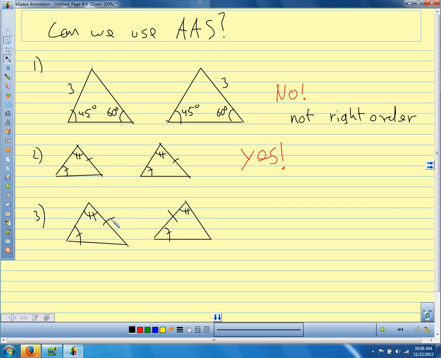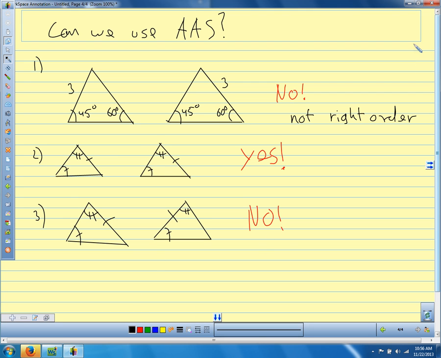The side with the congruent side is next to the angle with 2 tick marks on both triangles. So this one works out okay, right? A few people are saying no. Still not in the right order. So this one we have an angle, side, angle triangle, and here we have an angle, angle, side triangle. So even though this is next to the angle with 2 tick marks, it's still not in the right place. So this would be a no.